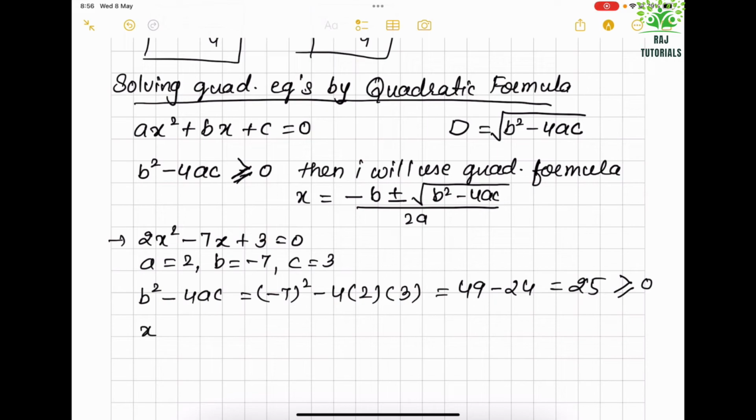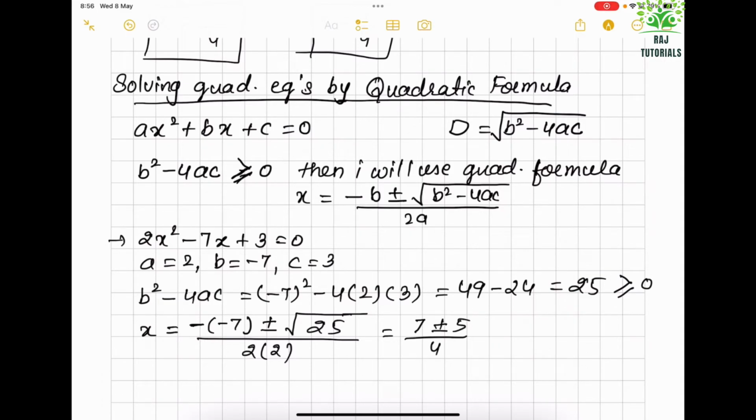So x will be equal to minus b. So b is already minus 7, so I am putting it in brackets. Then plus or minus root of b square minus 4ac, which we already got as 25, upon 2 into a. So 2. So minus into minus is plus. So 7 plus or minus root 25, which is 5, upon 4.